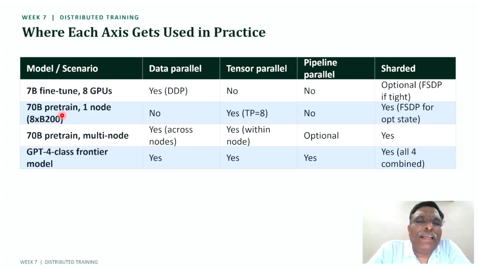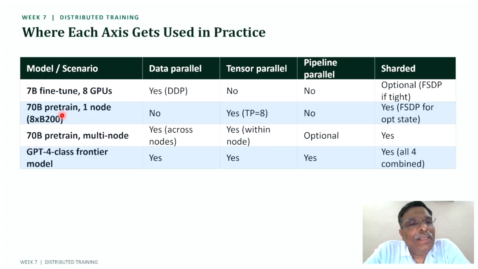But if that is the case, you require tensor parallelism and you require sharding. Data parallelism becomes very challenging. Pipeline parallelism also becomes challenging, but tensor parallelism works at that level, because you have one node with 8 GPUs.